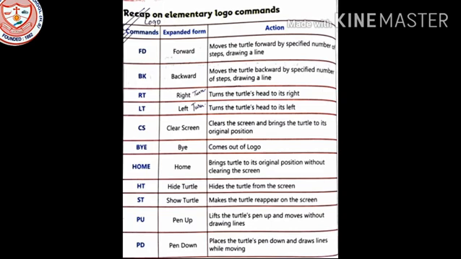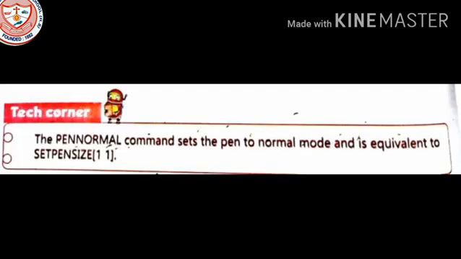Now we will learn more commands, three more commands we are going to learn in this chapter. Tech Corner. I always say do not forget to read the Tech Corner portion because many questions can come from here. Whether you are in class 1 or 5, 4, 3, 2, whatever, you have to read each and every bit of the computer book because questions can come from anywhere.